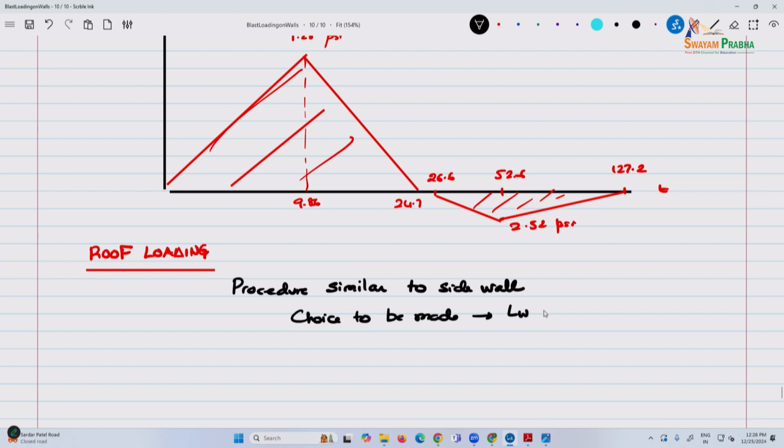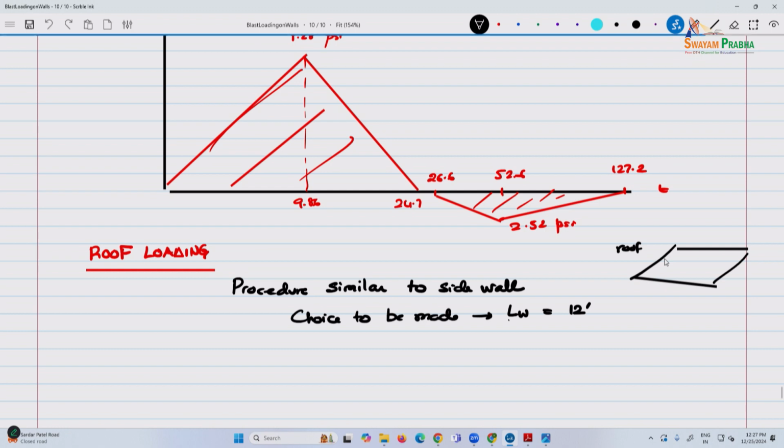I considered the whole 12 feet roof. Again, as I said, if there are joists, you can break it up. Whatever you choose, you can work with it, but the process is exactly the same. I don't see anything different.